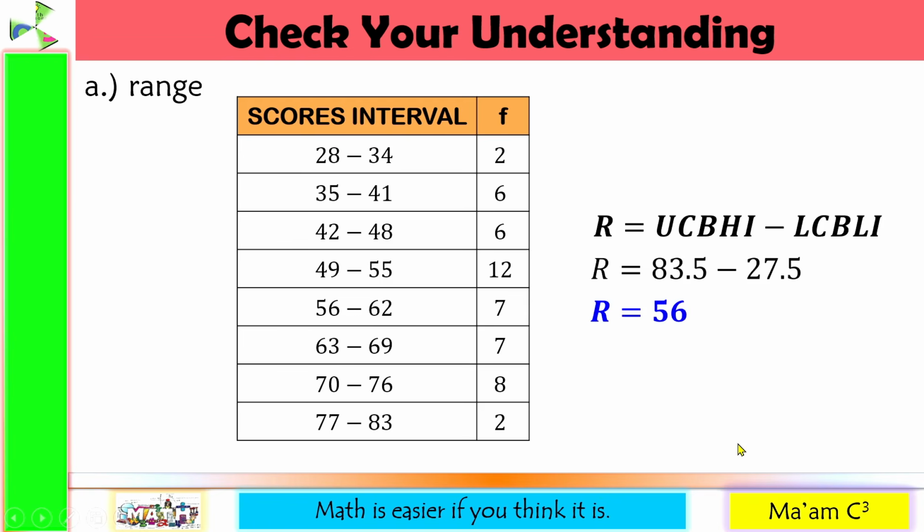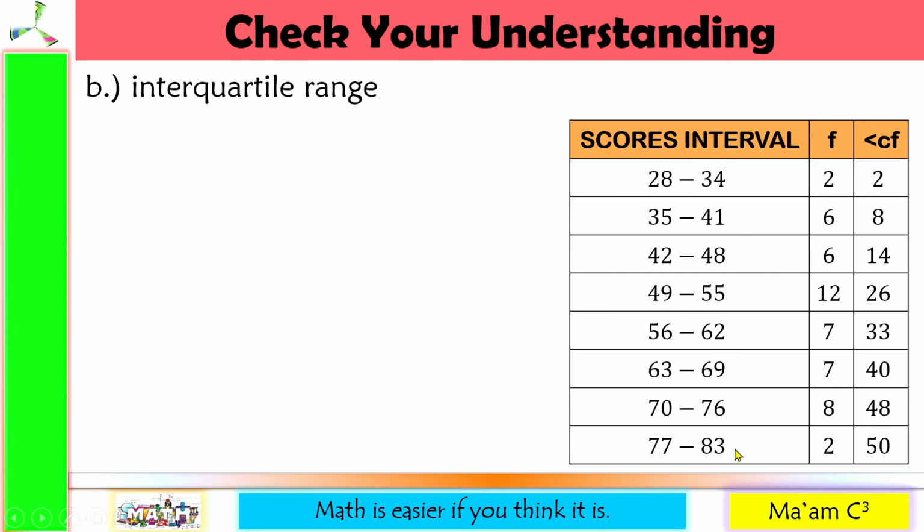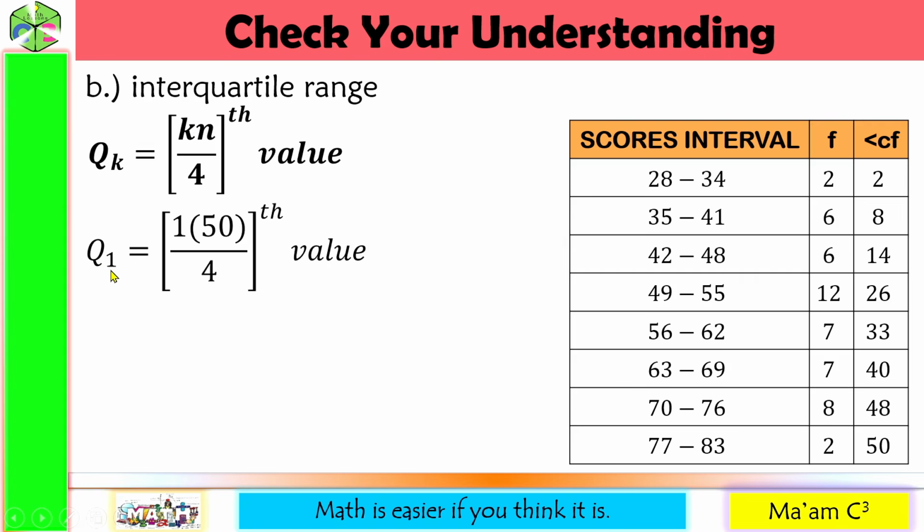Next one, the interquartile range. Determine first the quartile class. And for that, we are going to use this formula. This is 1 because we are going to determine the first quartile class. K is also 1, again because this is 1. Our N is 50, that is the total frequency, divided by 4. 1 times 50 is 50 divided by 4.